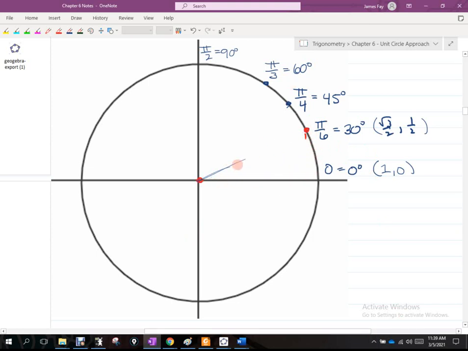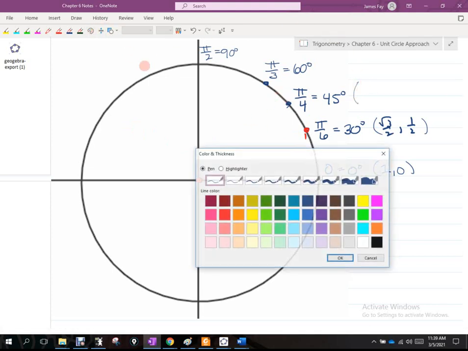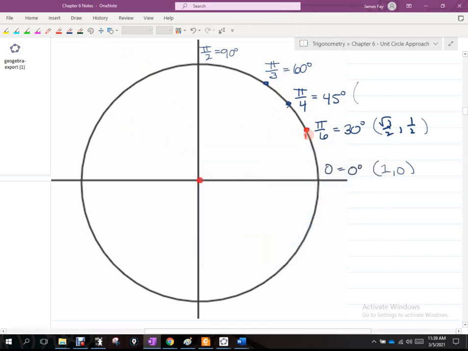What do we know about the line? What was the line that passed through pi over 4 when we determined that that point on the circle was located at radical 2 over 2, comma, radical 2 over 2? What was that line that went through here? X equals y, y equals x.